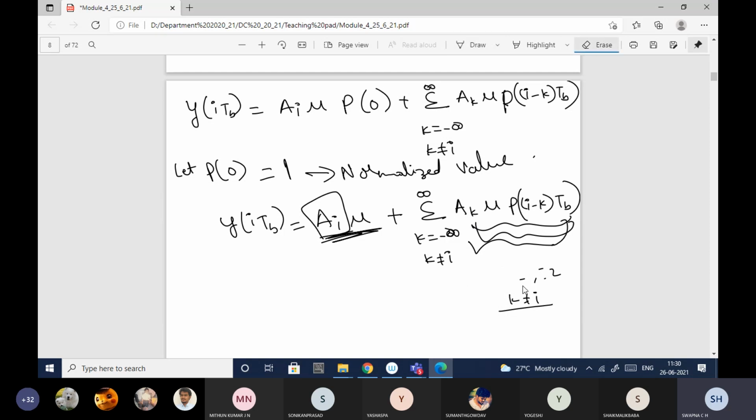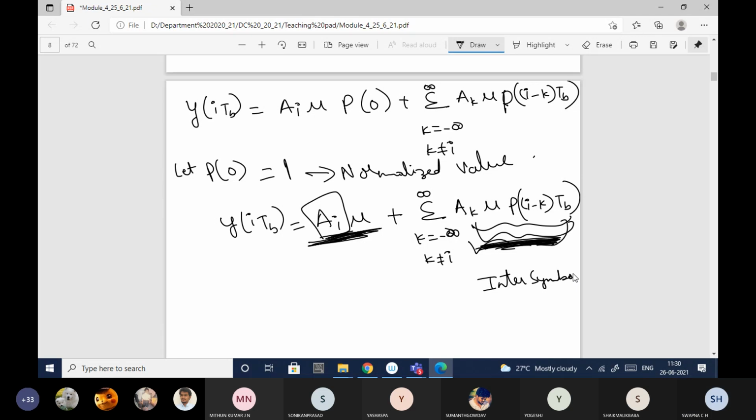Along with the desired symbol, the ith symbol, I have the values pertaining to the other symbols as well.